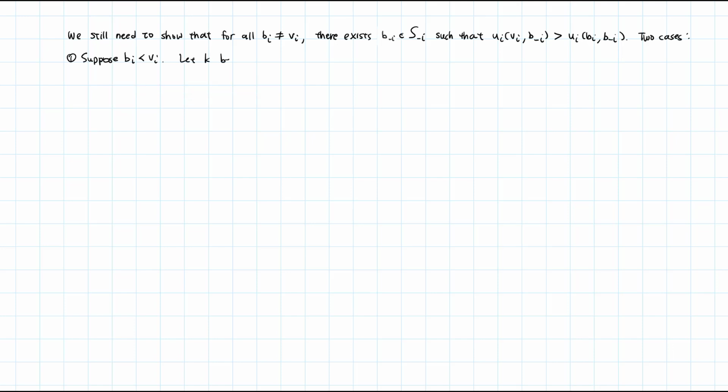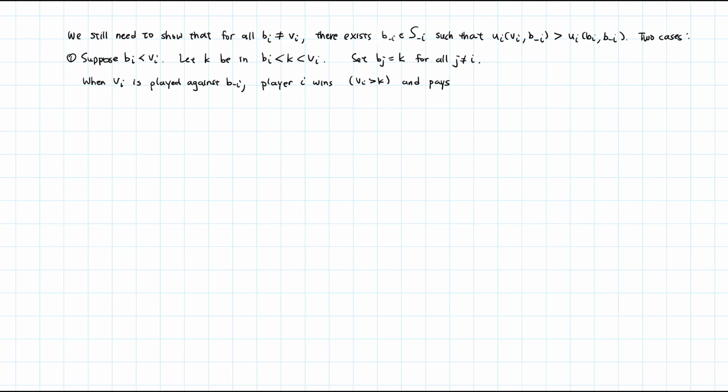We let k be a number that is greater than BI but less than VI. And we set bj to be k for all j not equal to I. This means that player I plays BI and all the other players play k, which is greater than BI. So when VI is played against B-I, player I wins because VI is greater than k and pays k.